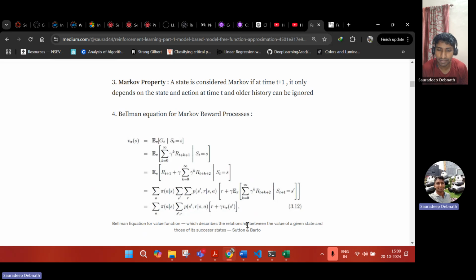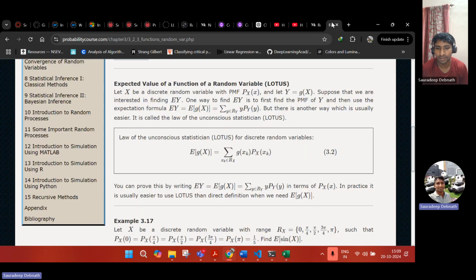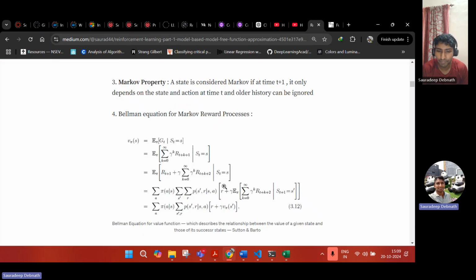Then we use the definition of expectation of a function of a random variable, which is that the expectation of g(x) is the summation over all x of g(x) times the probability of x. We use this property to get finally this equation.